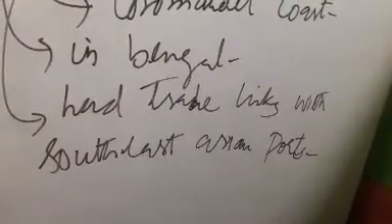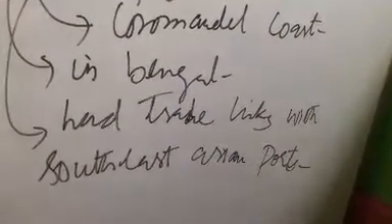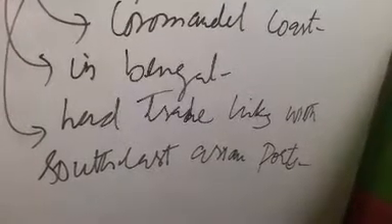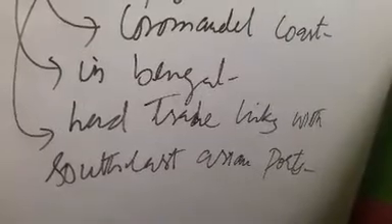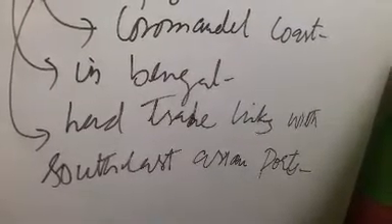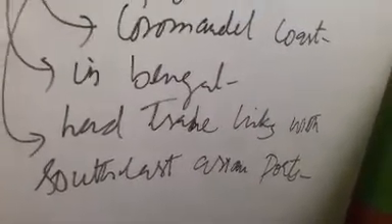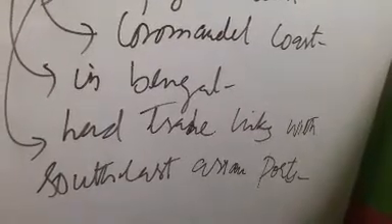So India had a vibrant trade. The point is that India, before British rule, before the colonial period, had a vibrant sea trade, and there were a number of famous ports which connected India with the Southeast Asian ports.